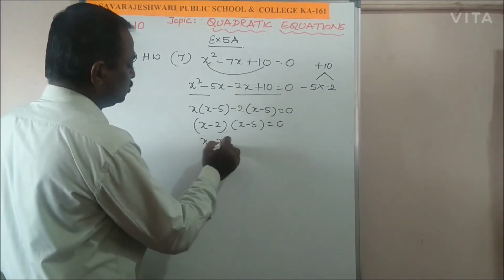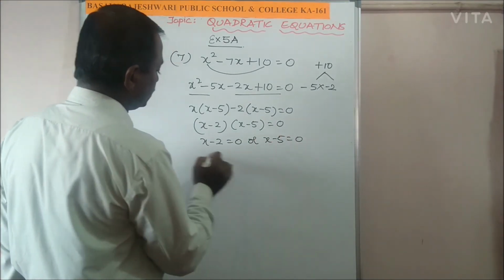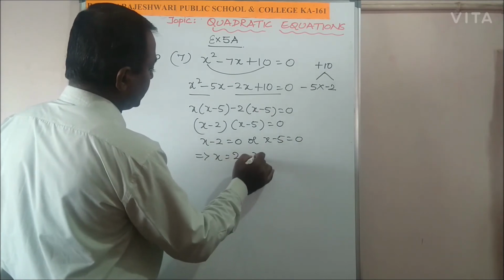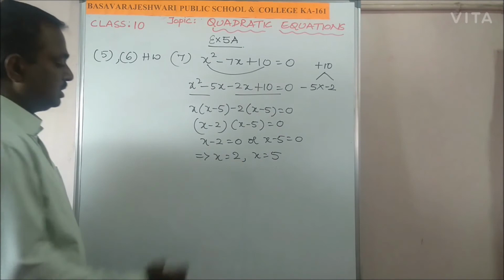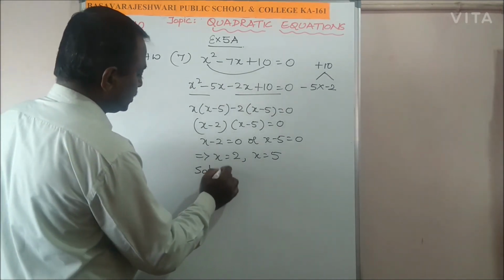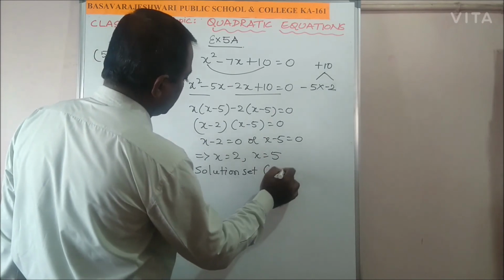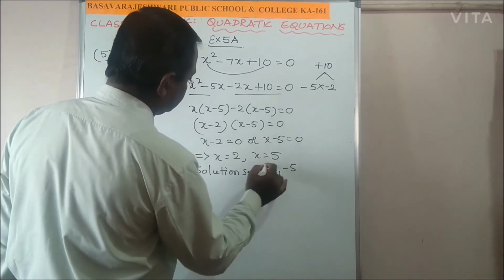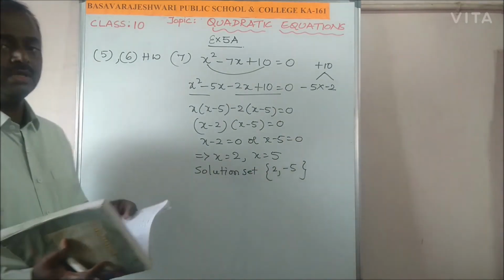X minus 2 is equal to 0 or x minus 5 is equal to 0. This implies x is equal to 2 comma x is equal to 5. So what is the solution set? Solution set is equal to 2 comma 5. That is the solution set for the equation.